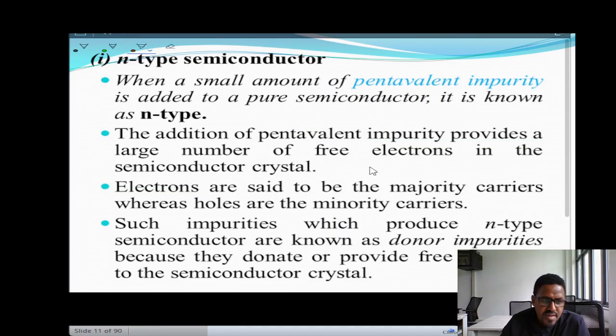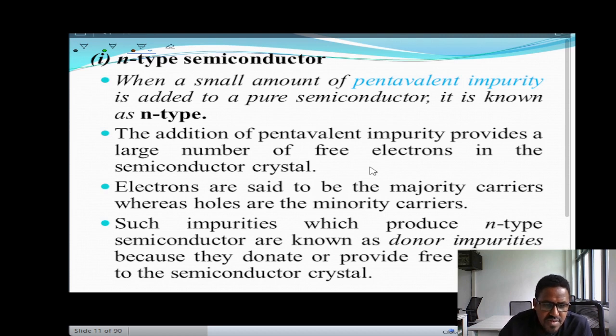When it's about N-type semiconductor, when a small amount of pentavalent impurity is added to a pure semiconductor, we can call it N-type extrinsic semiconductor. The addition of pentavalent impurities provides a large number of free electrons in the semiconductor crystal. That means the added impurities have 5 valence electrons.